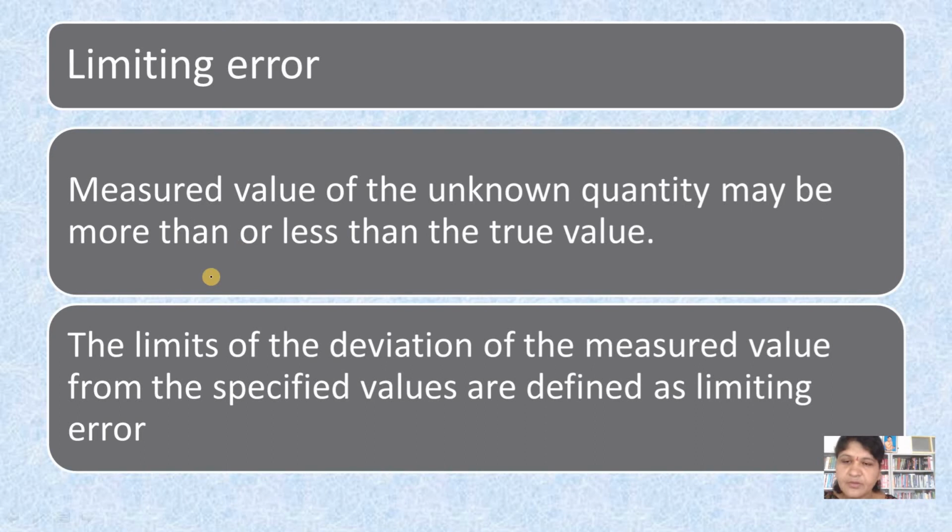That is, AM is equal to A plus del A, or it can be A minus del A. So we get A plus or minus del A, that is, the true value plus the error or the true value minus the error.